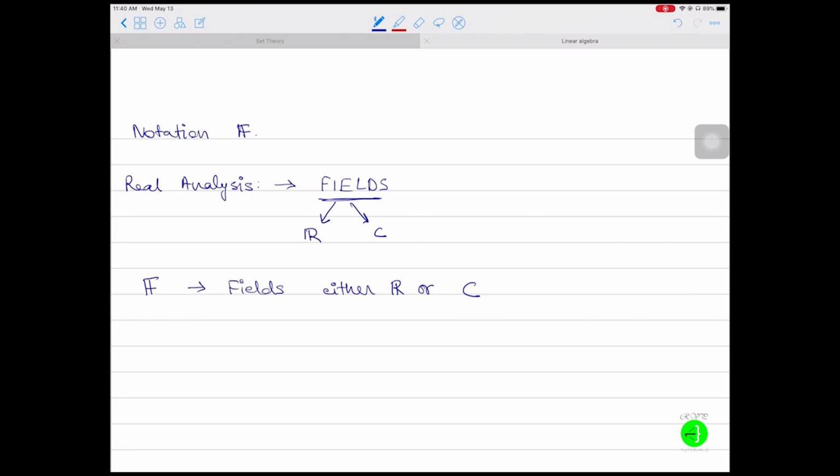So all the properties of F will satisfy the properties of R and C. So it could either be R or C. It is not specifically R or specifically C. So instead of writing that alpha belongs to the set of real numbers R or C, in my next videos, I will say that alpha belongs to the field F.